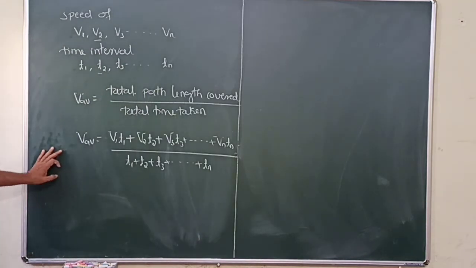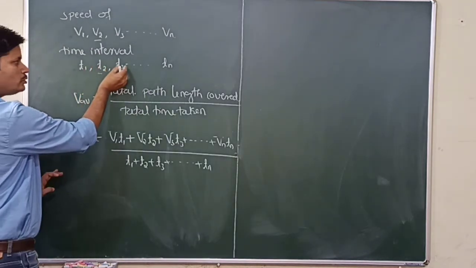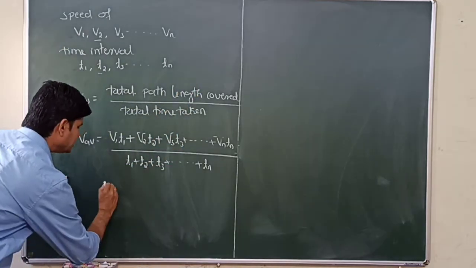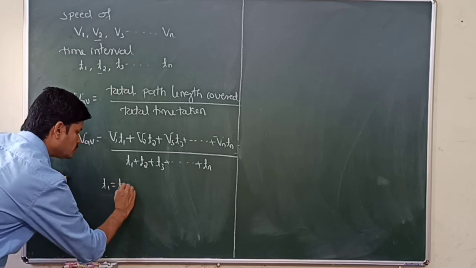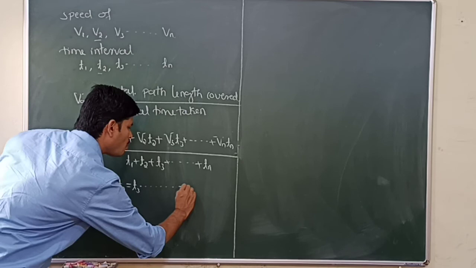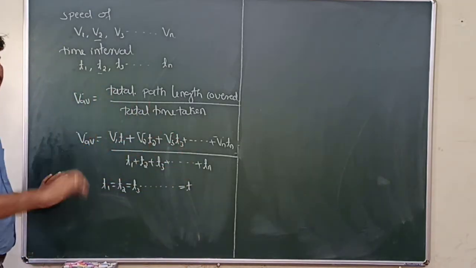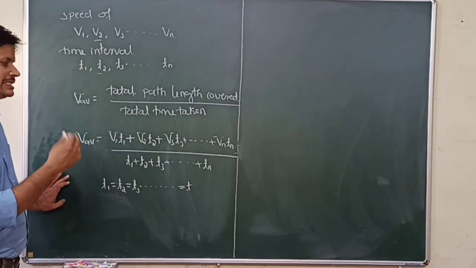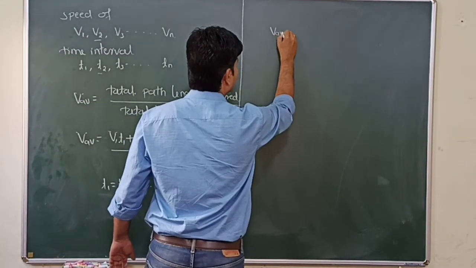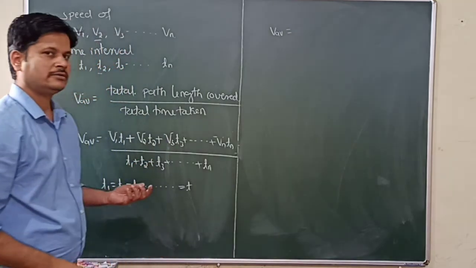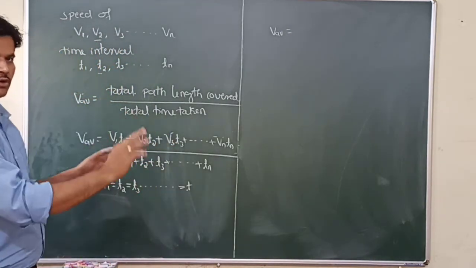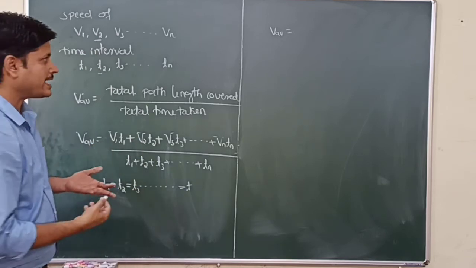Is it right? If all these t1, t2, t3 are equal intervals of time, that is t1 equals t2 equals t3 equals so on equals t only, then for the average speed, t becomes common in the numerator, so take it outside the bracket.